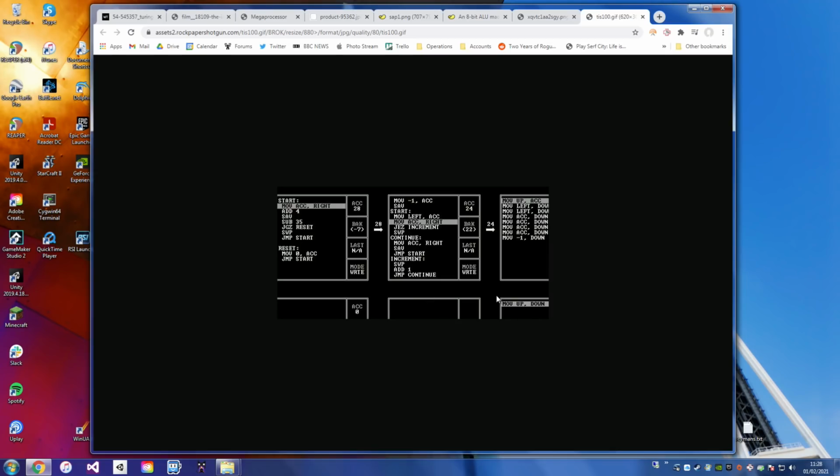This is TIS-100. This is gameplay through and through. It's a game where you program parallel processors using assembly language. Very popular. This is related to our earlier discussion about extreme niches. Who the hell plays this? But they do.